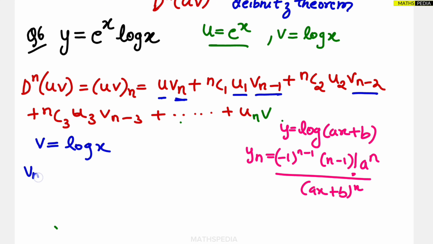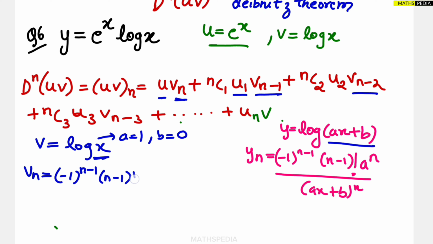So here v is log x; in log ax plus b, a is the coefficient of x, which is 1, and b will be 0, because it is not there. So the answer will be minus 1 power n minus 1 into n minus 1 factorial into 1 power n, divided by x power n.